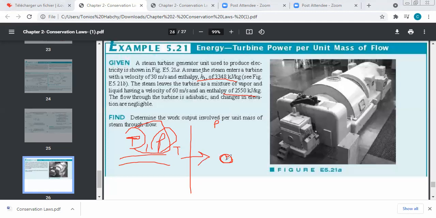Now, in case you have a mixture of vapor and liquid, then you are in a change of phase. If you have a change of phase, then it's enough to provide you with one property, either temperature or pressure, because when you have a change of phase, you can determine directly from your table what your state will be.